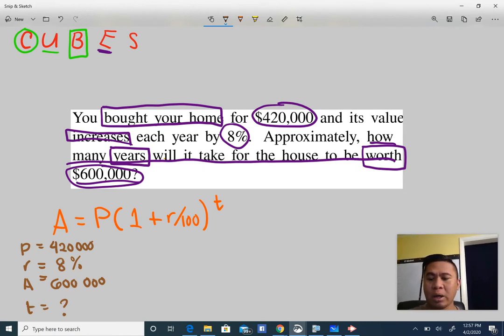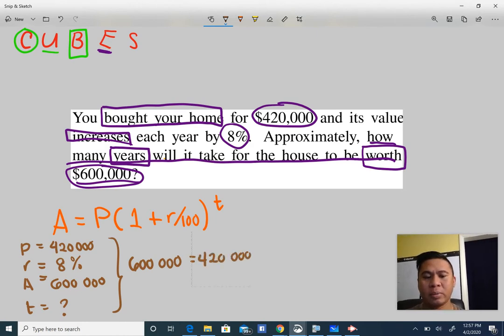Let's now plug everything into this exponential growth equation. Then we have the following: 600,000 is equal to 420,000 times (1 plus 8 over 100) raised to the t power. We're using plus because it's a rate of increase, and again, we're solving for t.